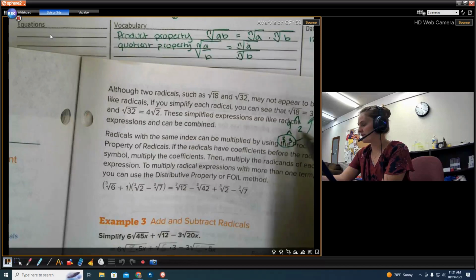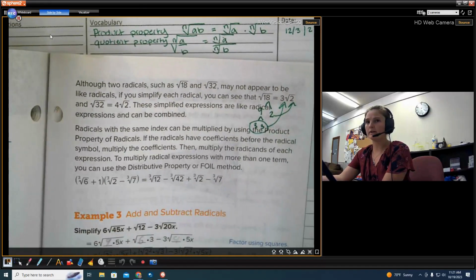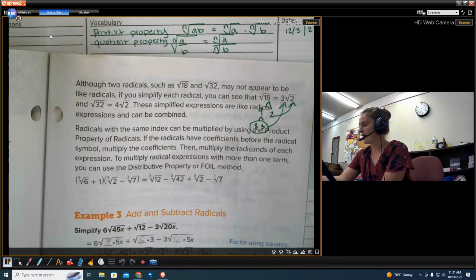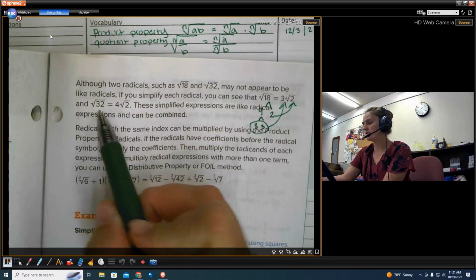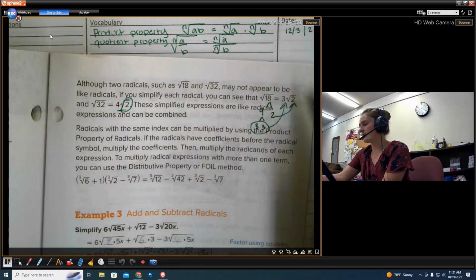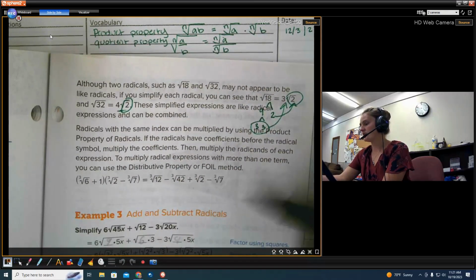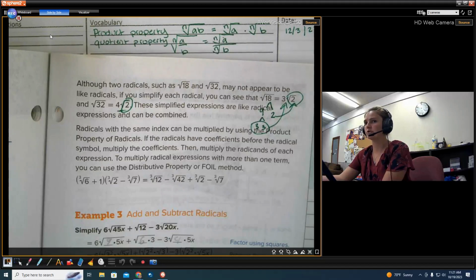So we pull out the 3, and the 2 stays in the radical. So remember, we've done that quite a bit before. So 3 radical 2 is what it simplifies to. And then the square root of 32 will actually simplify to 4 radical 2. And now they have the same radicand, that radical 2. So we could actually add those together to equal 7 radical 2.